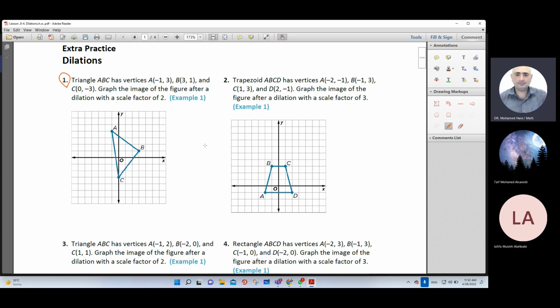Thank you, Mike. Great. So, as you see here, we have scale factor 2, means k equals 2. When k equals 2, who can tell me, will this dilation be an enlargement, or a reduction, or the same size, no dilation?